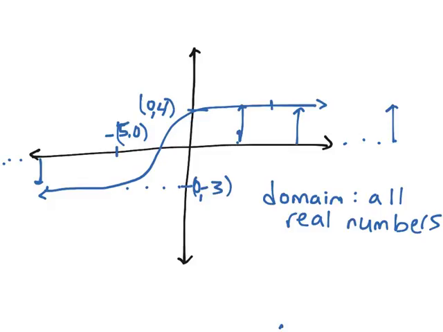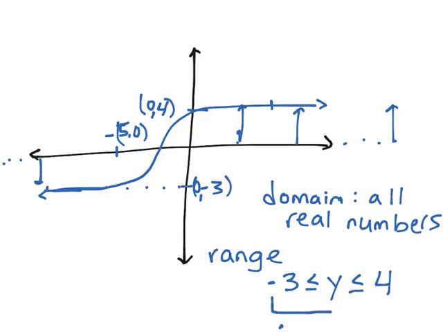That's the highest y value, and the lowest y value is -3. So the function ranges from -3 to 4, which we express as -3 ≤ y ≤ 4.